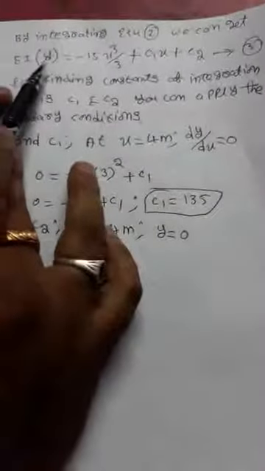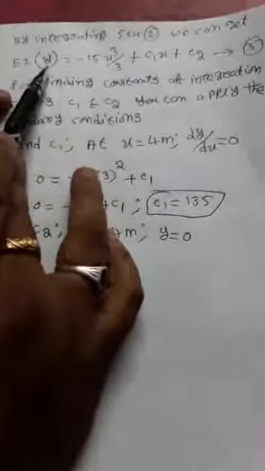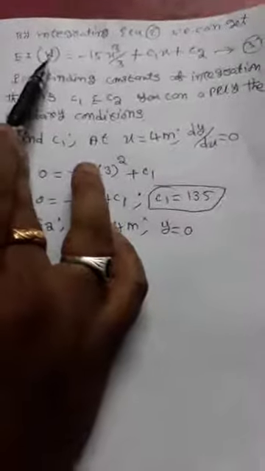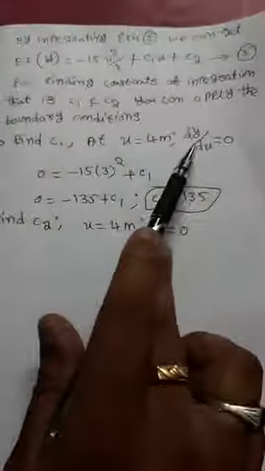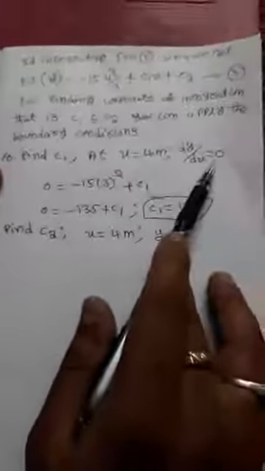Only in the third equation you see the constant of integration C2, and also y, the letter for deflection. So for substitution in equation number 2 you apply dy by dx equal to 0, and for substitution in equation number 3 you apply y equal to 0 only, not dy by dx equal to 0.